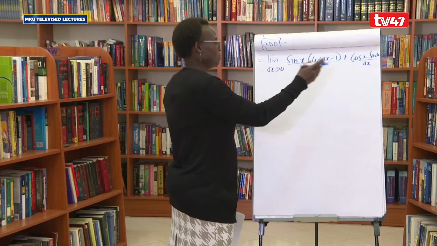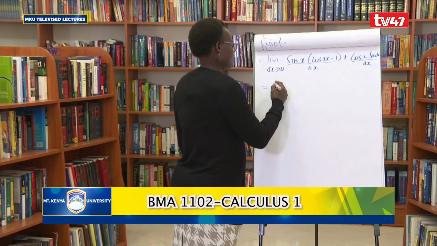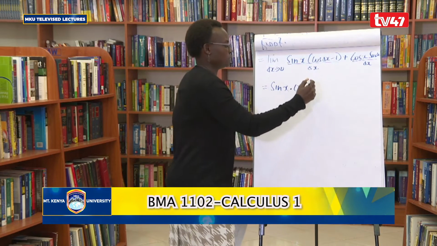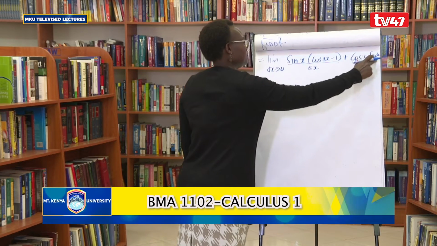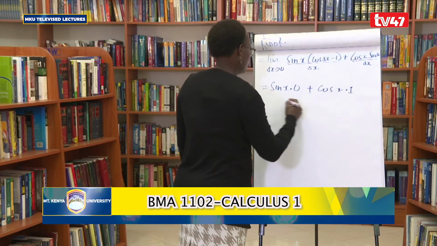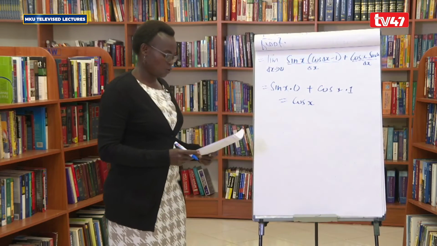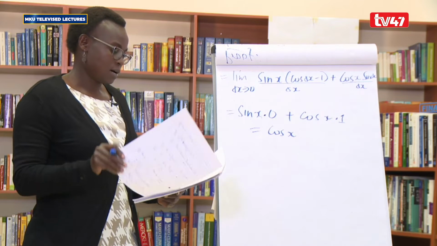So we get the limit on both sides. This gives us sine x multiplied by 0, which is 0, plus cos x, and the limit of the other part gives us 1. So that is cos x. So the derivative of sine x is cos x.